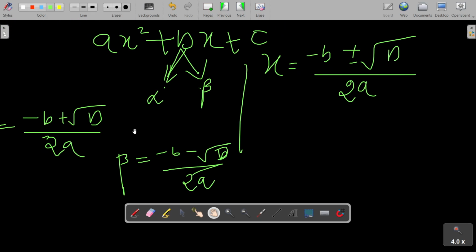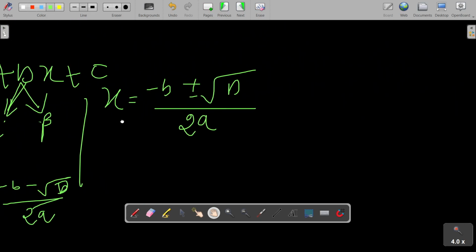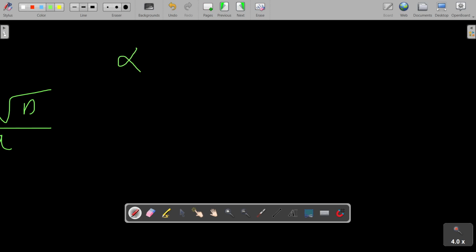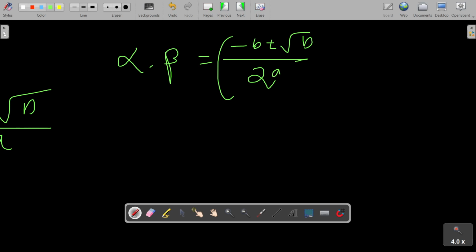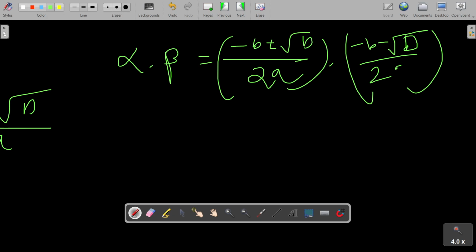I'm going to find a relation between alpha and beta. What if I multiply both alpha and beta? Alpha is minus b plus root d over 2a, and beta is minus b minus root d over 2a. This thing looks like, if I call this a and this b, a plus b into a minus b, where a is negative b and b is root d.